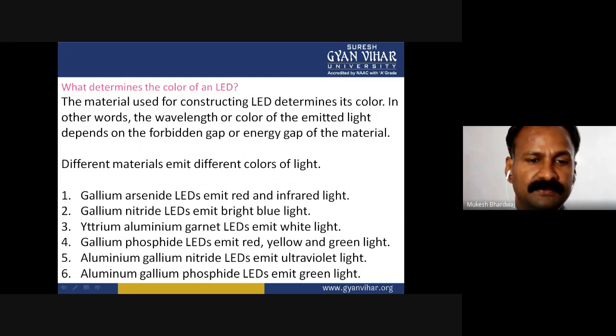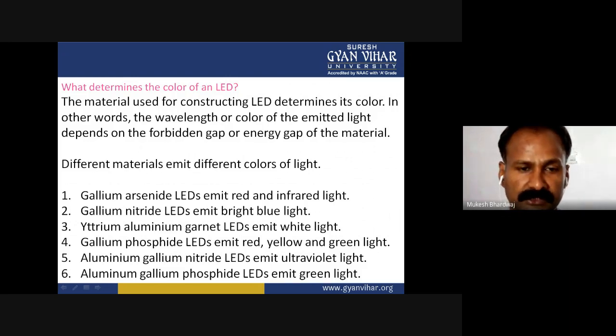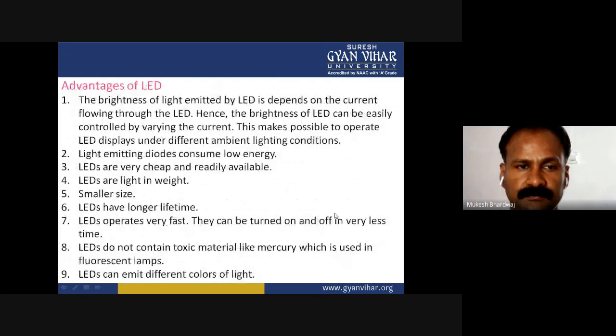Aluminum gallium phosphide LEDs emit green light. So these are the specific materials that, when they recombine and are used in the manufacturing of LEDs, emit different colors of light depending upon their choice.